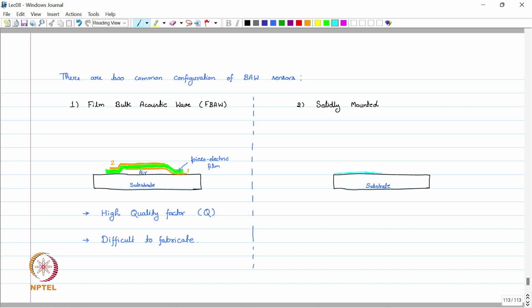So let's say this is one film. On top of this we have a second film.